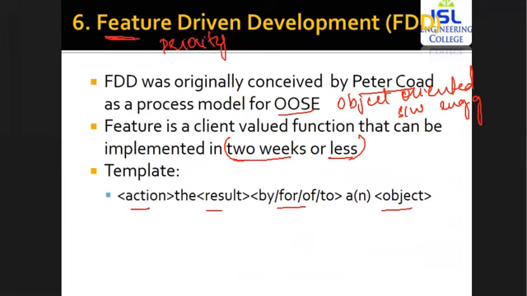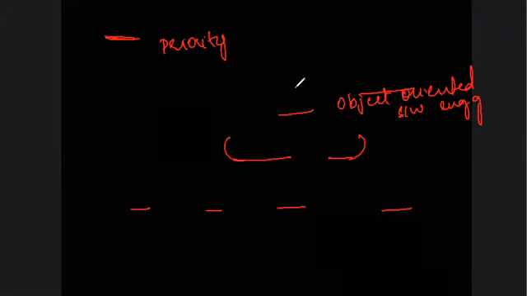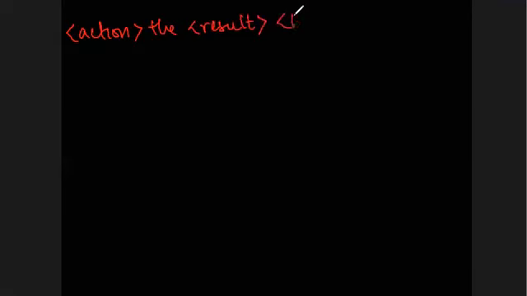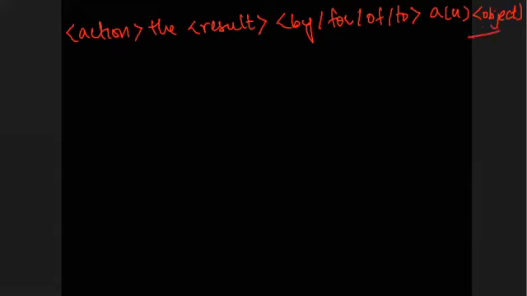Now let me write this. The template is action, the result, then by, for, of, to, then object.